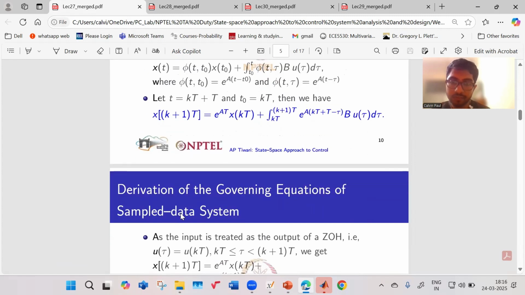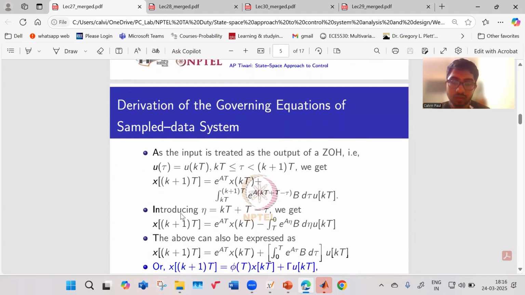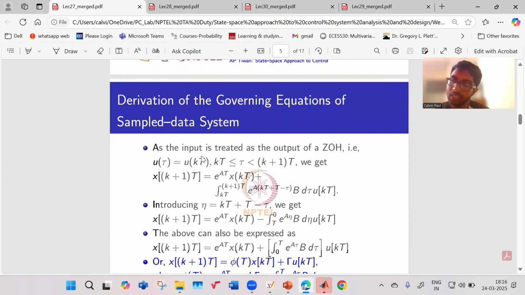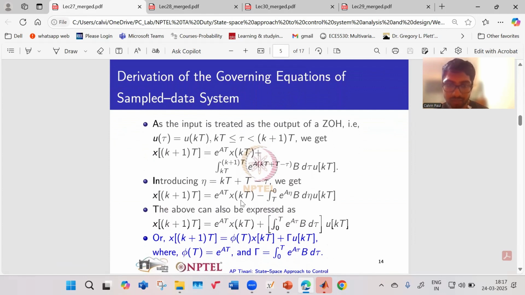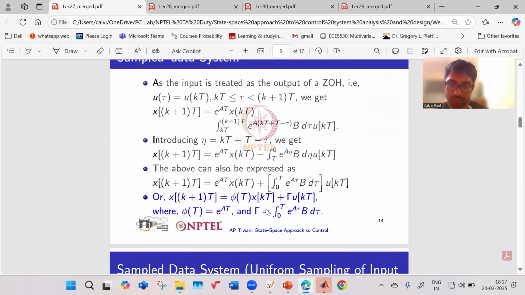They also treat the input as the output of a zero-order hold, that is, the input is constant and does not vary. This assumption is true in certain systems and not in others, but if your sampling period is very small, the assumption can be considered valid. Then they find the expression of x of (k+1)T, which is finally given by this expression.